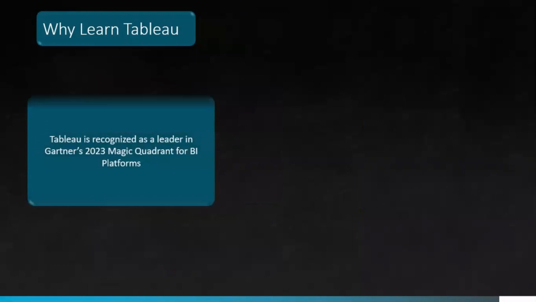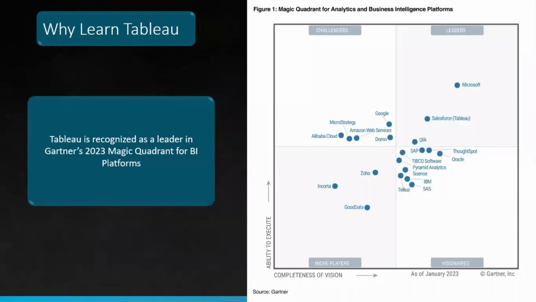So why learn Tableau? Tableau is also recognized as a leader in Gartner's 2023 Magic Quadrant for BI platforms. Gartner is a renowned body, and every year it releases a ranking for different technologies. For 2023, if you look at the chart on the right, you find that Tableau is a leader.